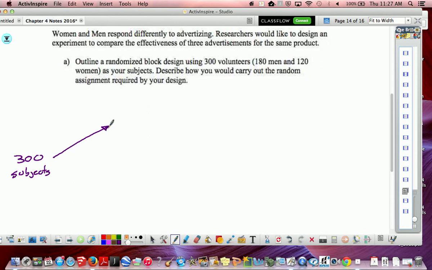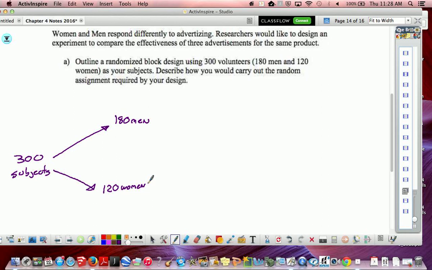So we're going to have block 1, where we're going to have the 180 men. And down here, we're going to have the 120 women. That would be block 2. Yep. So we're going to block by gender.